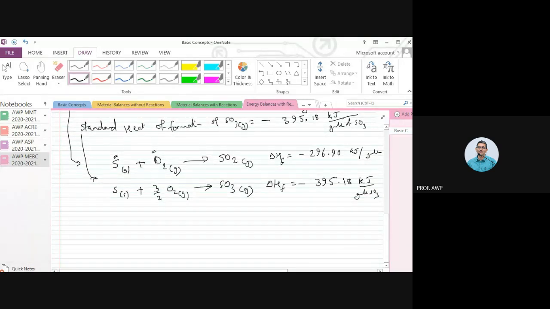That's what we mean by standard heats of formation. Formation from what? Formation from elements in their standard state, because these have zero enthalpy. Our definition.